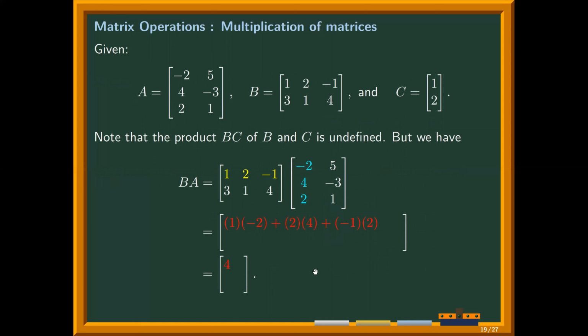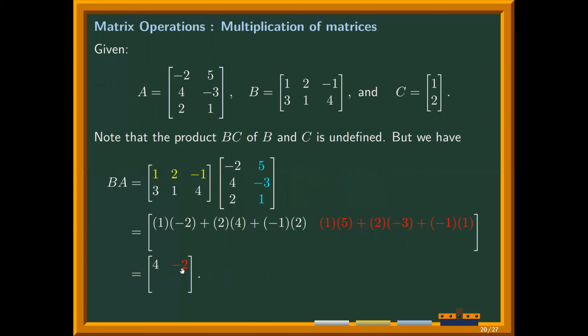So we compute the 4 entries now in BA. The first entry is obtained by taking the first row of B and the first column of A, then multiply respective entries. That will give this expression, which equals 4.